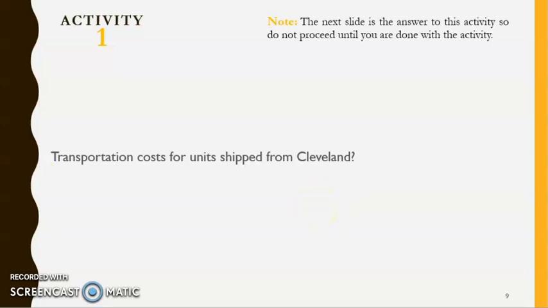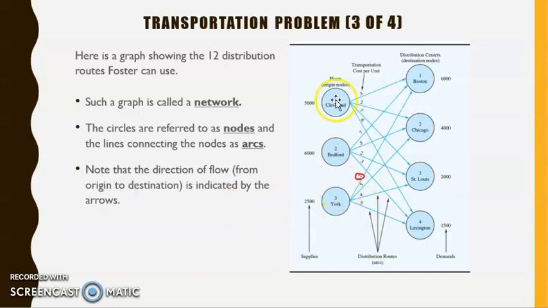When you want to do this, you should come and see here. From Cleveland, how many routes are there? There are 4 routes from Cleveland: to Boston, to Chicago, to St. Louis, and to Lexington. How much does it cost to transport 1 unit from Cleveland to Boston, to Chicago, and so on? You have 3, 2, 7, and 6.